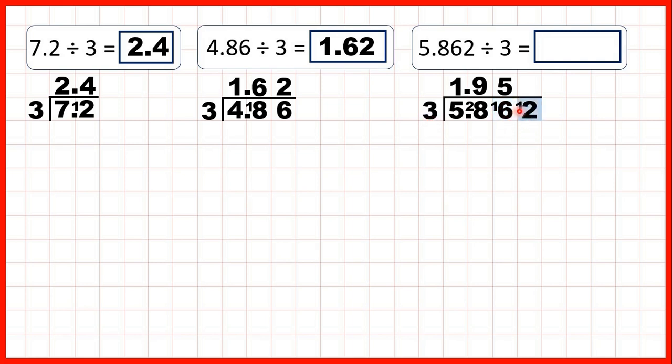And finally, 12 divided by 3 is 4, so our answer is 1.954.